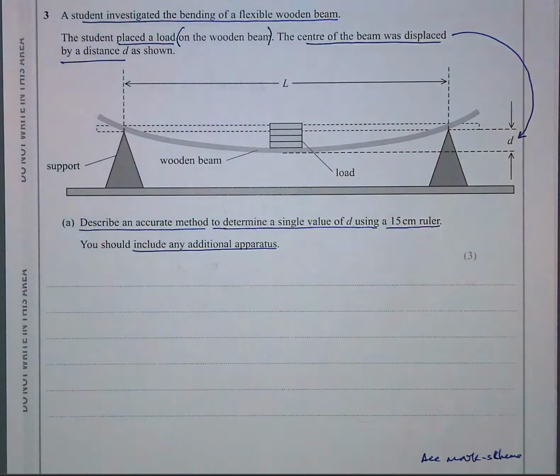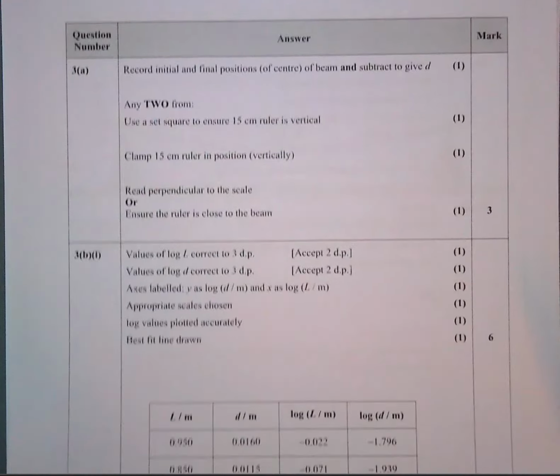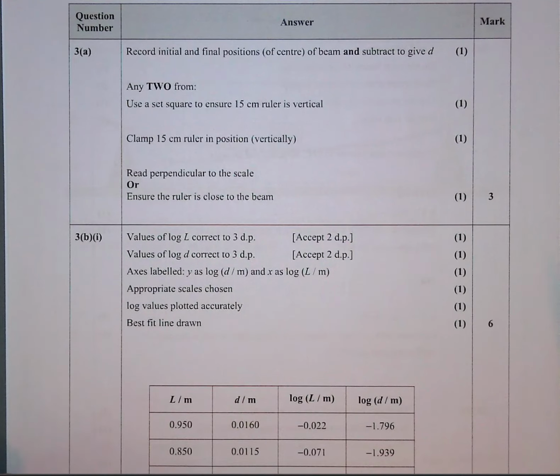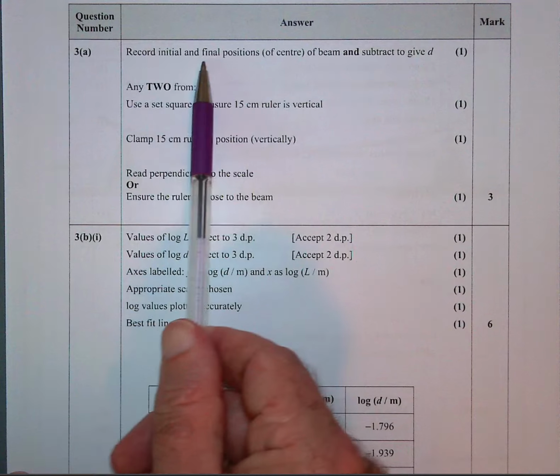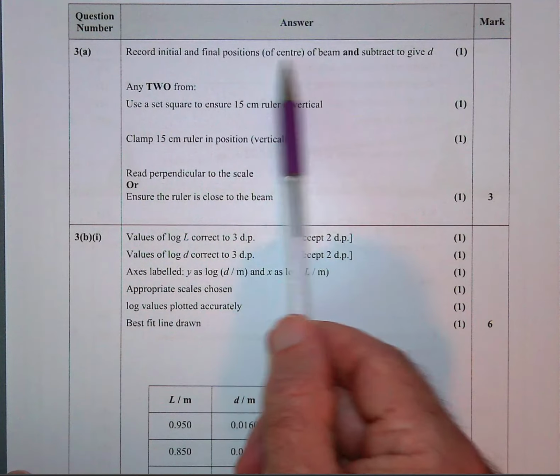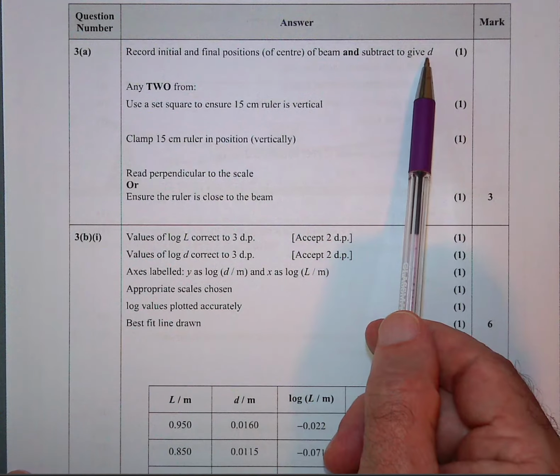So we're going to have a look at the mark scheme. Just to save time writing it out, the first point, this is 3A. You can also see part of 3B as well. Record initial and final positions of the center of the beam where the load is, and subtract to give d.